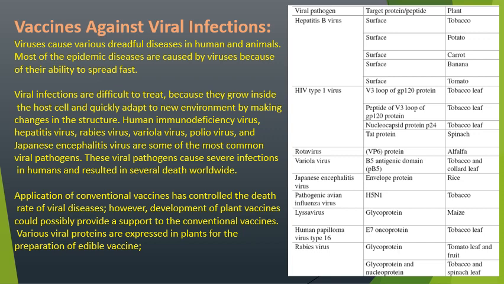Similarly, for rotavirus, variola virus, Japanese encephalitis, Lassa virus, human papilloma virus, and rabies, the appropriate antigen-producing gene of interest was incorporated within the plant genome, and that resulted in the formation of plantigen-based plant vaccines.